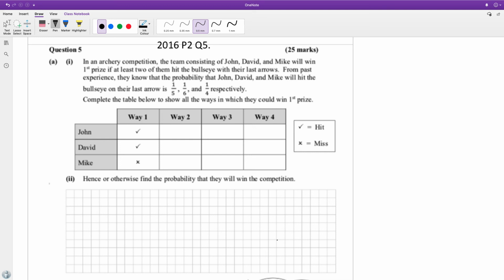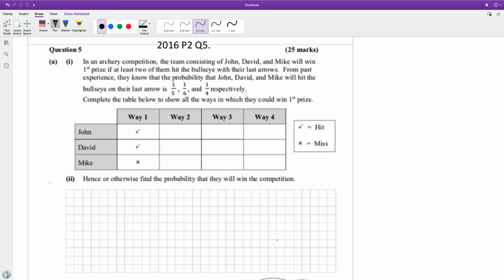Sorry, yeah, it's 1 over 5 by 1 over 6 by 3 over 4. Apologies. Because he missed over here, so that's 3 over 4. 1 over 5 multiplied by 1 over 6 multiplied by 3 over 4 is 1 over 40.